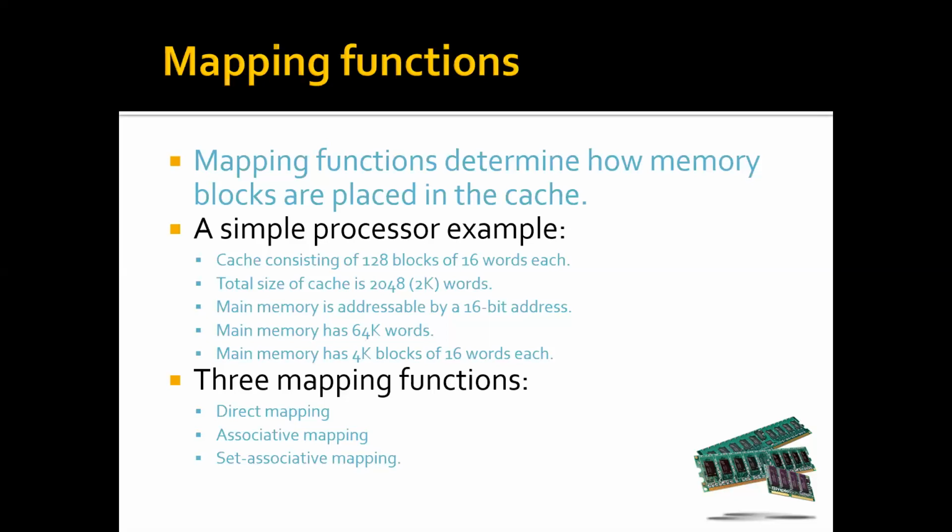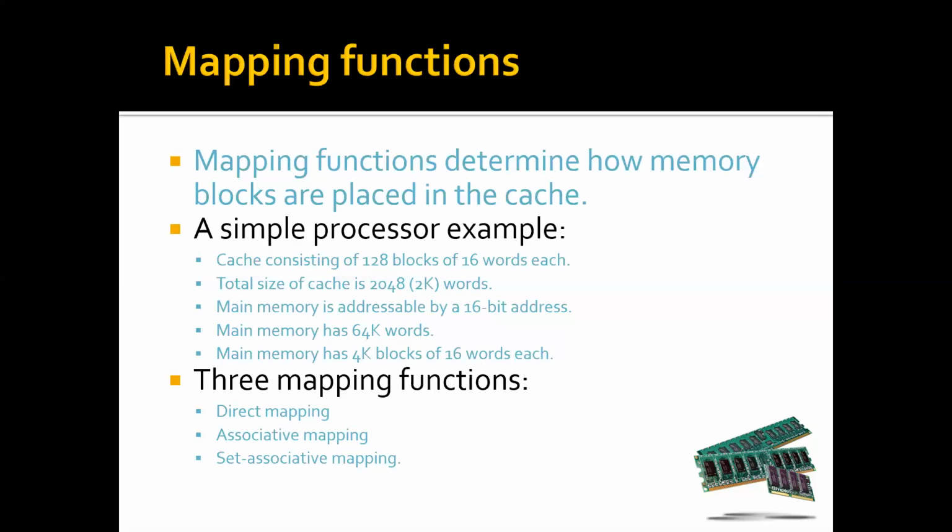Let us take an example, a cache consisting of 128 blocks of 16 words each. That means the cache has 128 blocks, and every block contains 16 words. So what is the size of the cache now? 128 blocks, 16 words each. 128 is 2 to the power 7. Each block has 2 to the power 4.